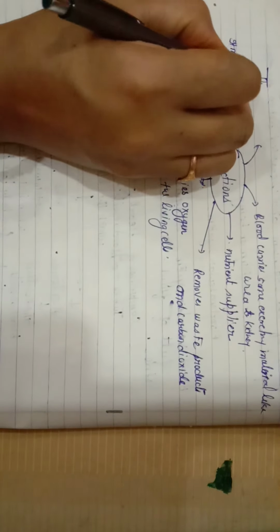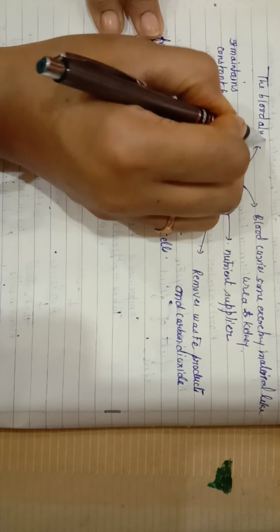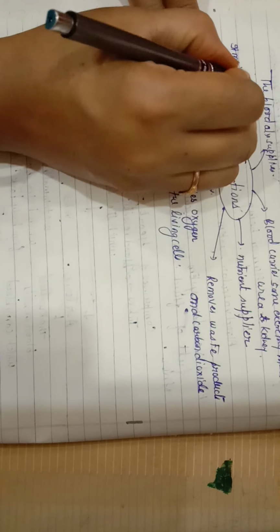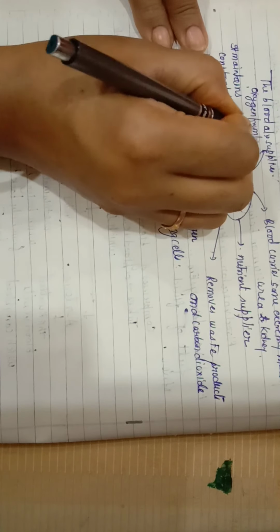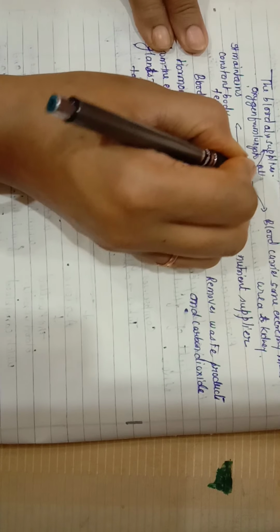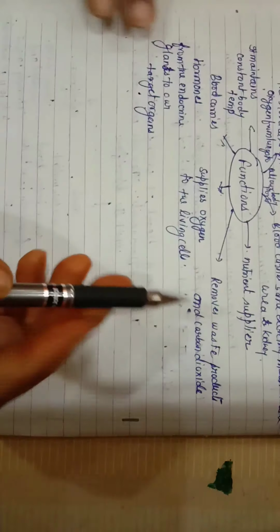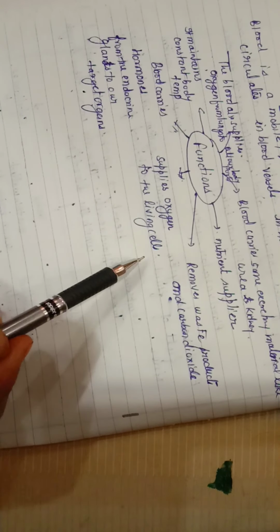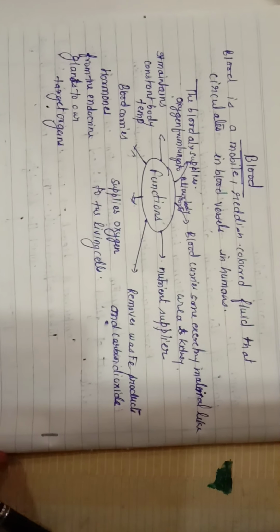The blood also supplies oxygen from the lungs to all our body parts. So see, these are the various functions of the blood. That is why the blood needs to be transported from one place of our body to another.